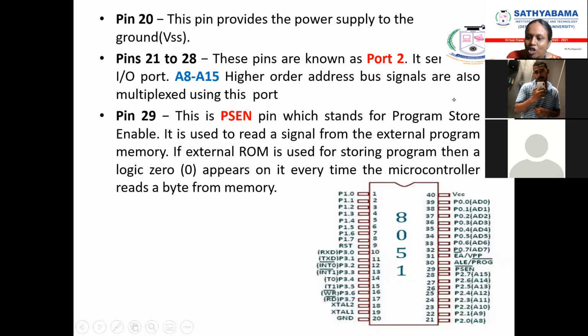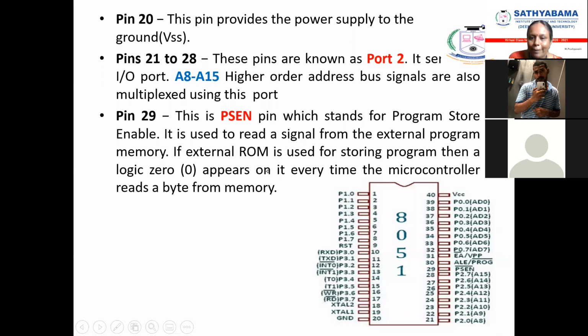That's why A stands for address and D stands for data. A0 to A7 it will serve, as well as D0 to D7. That's why I simply mention AD0 to AD7. For the higher order bus, it contains only the address lines A8 to A15.